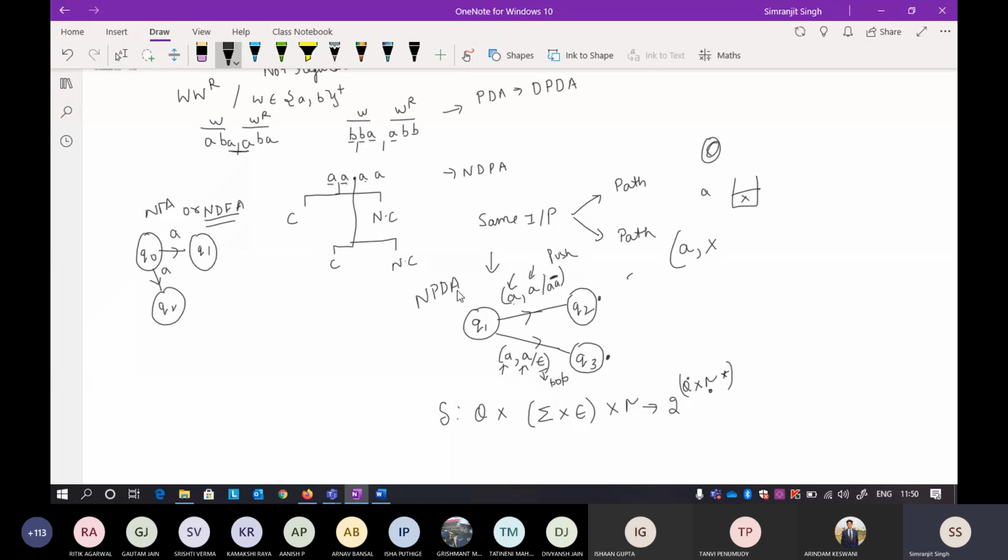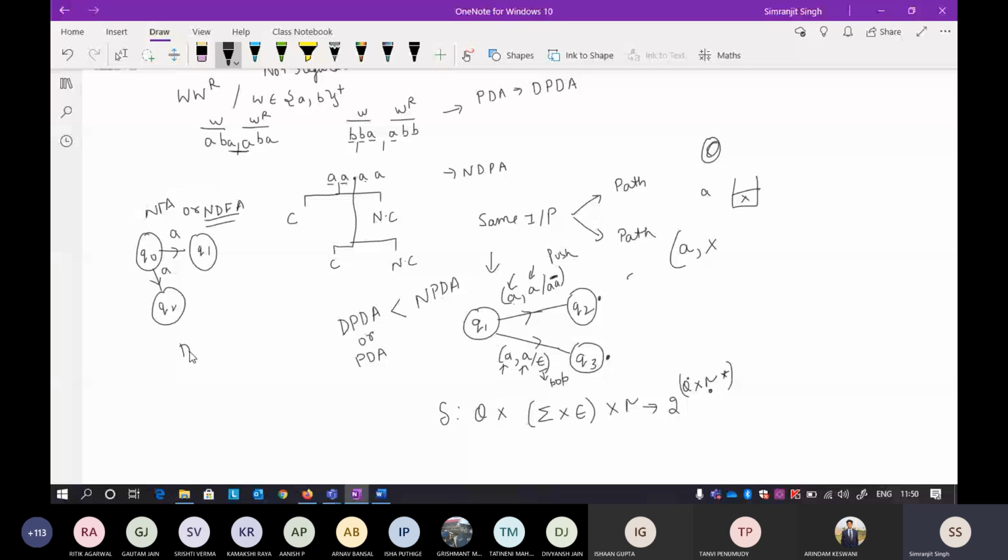That is why NDPDA is more powerful than PDA, or DPDA. Keep in mind, if you take any book, they will not explicitly use the deterministic PDA. PDA or DPDA is one and the same thing. The expressive power of non-deterministic PDA is more than the expressive power of deterministic PDA, so there is no conversion between them. The conversion is only possible if the expressive power of both of these automata is similar.